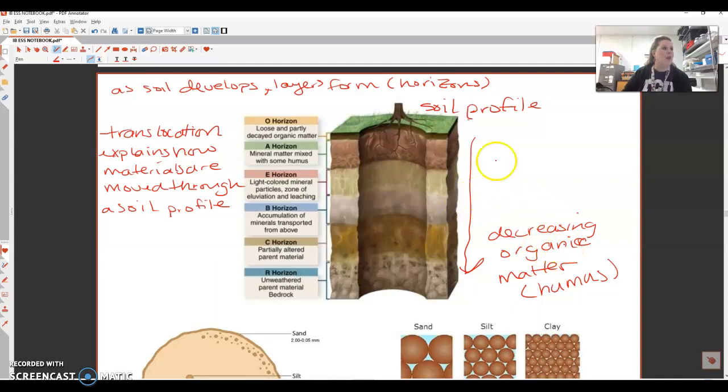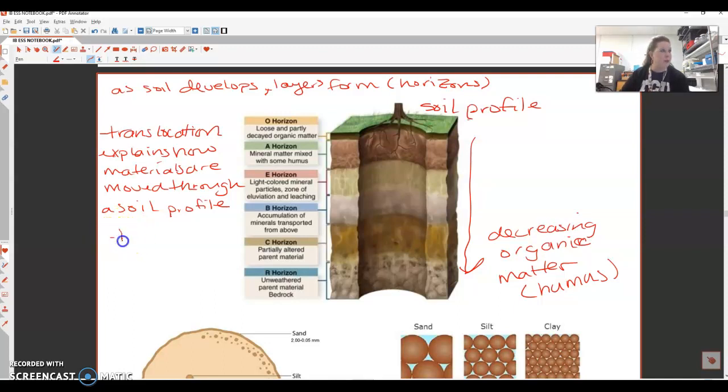So what we see is that we have more organic content closer to the top horizons of the soil because that is where you're going to have bacteria, you're going to have animals, you're going to have plants.